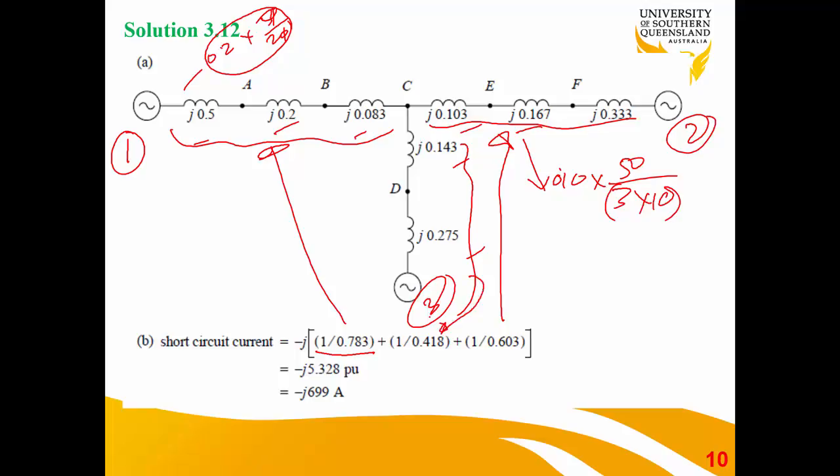You get it? Any difficulties? How to get that summation, I want to show you. Does it make sense? Because 1 over 0.5 plus 0.2 plus 0.83, so 0.783. So now you know how it comes.